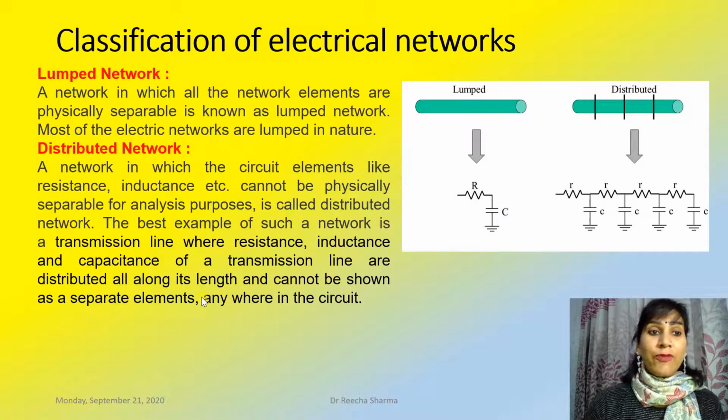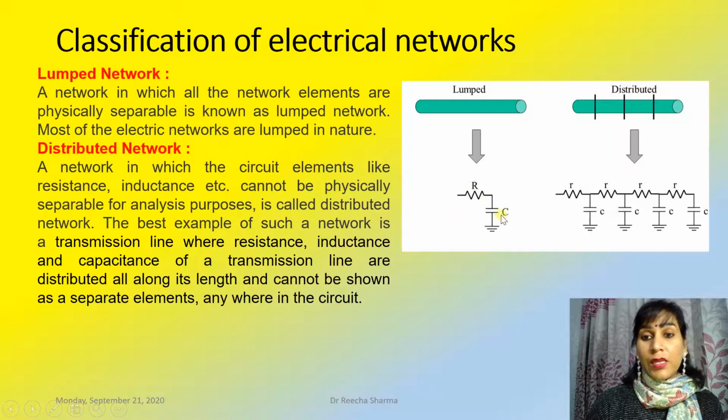So the next classification is lumped networks and distributed networks. A network in which all the network elements are physically separable is known as a lumped network. Most of the electric networks are lumped networks. As shown in the figure, the lumped network is one in which each component of the circuit is separate.